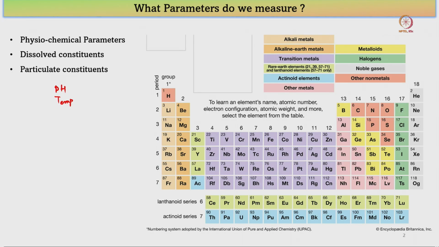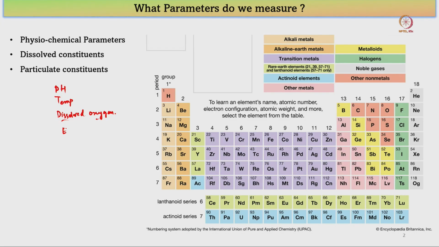Then another important parameter is dissolved oxygen, again an extremely important parameter, not only for aquatic life, how much aquatic life it can sustain, but also to understand metal variability, particularly those metals which are redox sensitive.